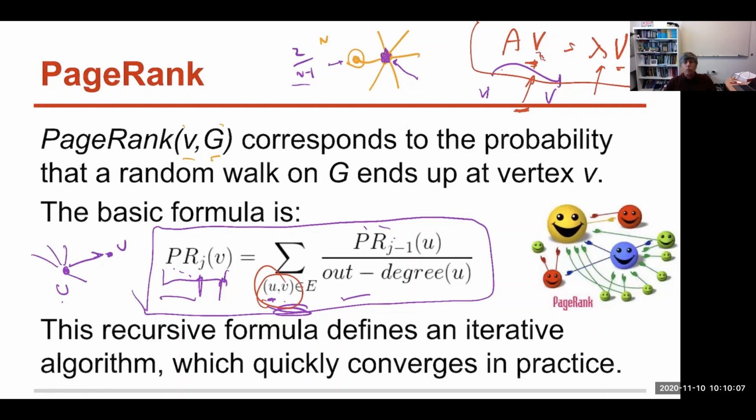So really what this PageRank algorithm is doing is computing an eigenvector. And this eigenvector is designed to be the most important eigenvector of the graph. Any questions about that?